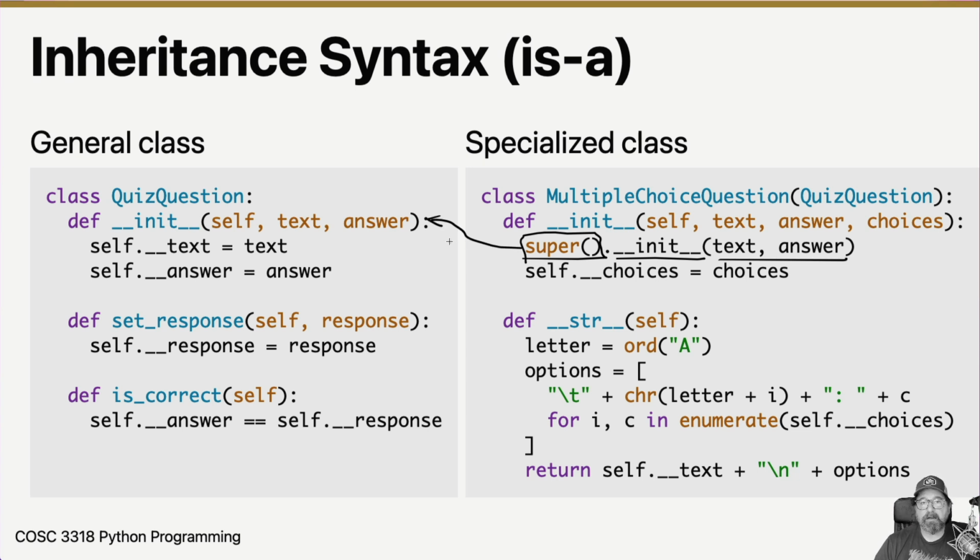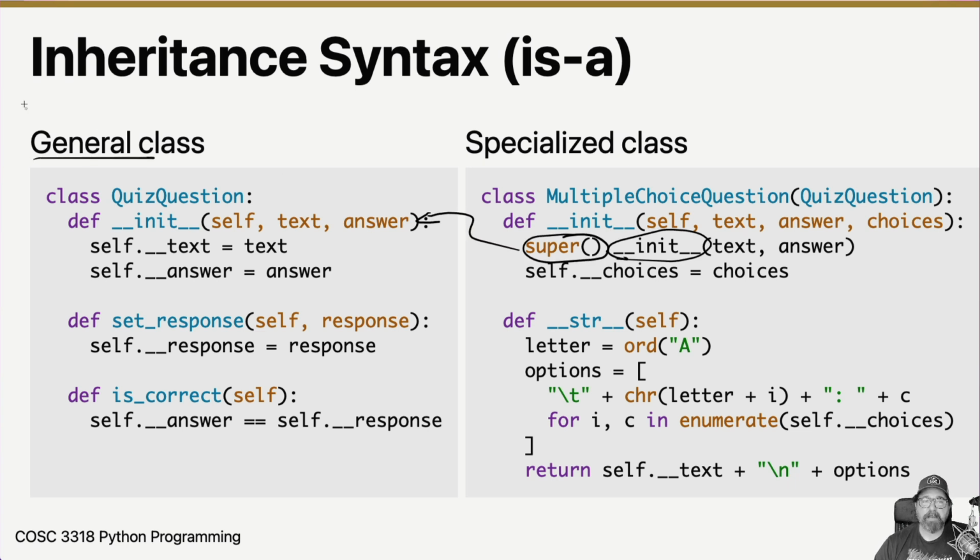This is really weird, this whole super thing going on here, but that's just the way we do it. If we didn't do this, if we just had self choices in here, then text and answer aren't used. And so they wouldn't be saved anywhere. So we have to pass those. We have to call another function. We call this init function of our super class over here.